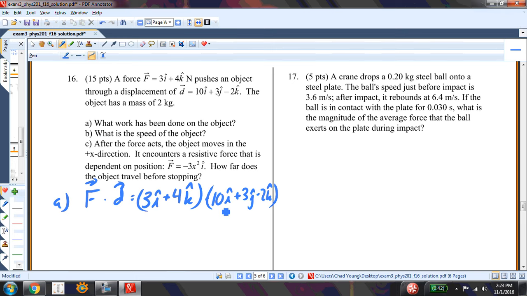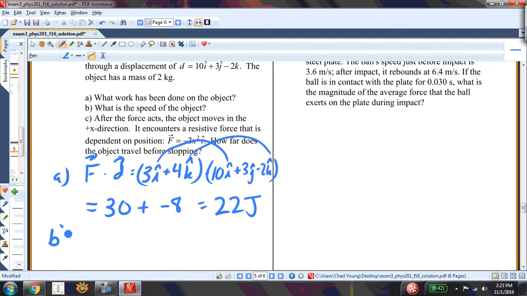Remember, you just multiply the like terms. I dot I is 1, so that's 30 times 1, plus K dot K is 1, so that's negative 8 times 1. So that's equal to 22 joules. This thing has 22 joules of energy.